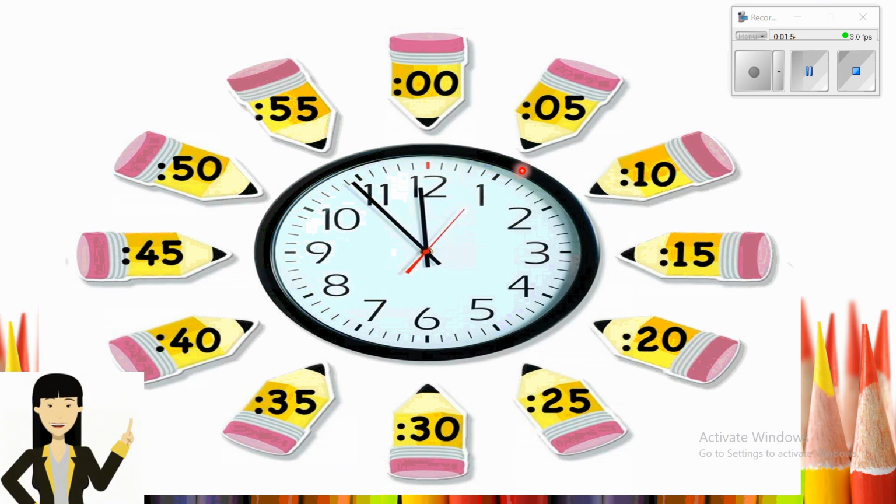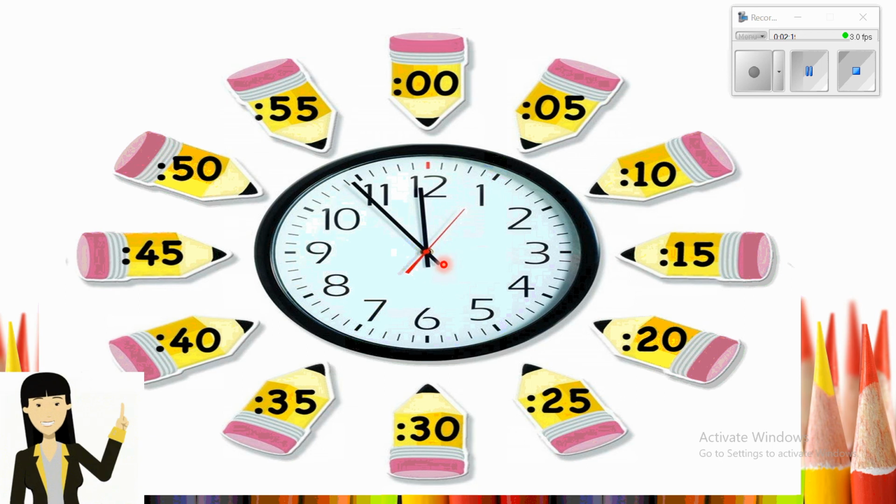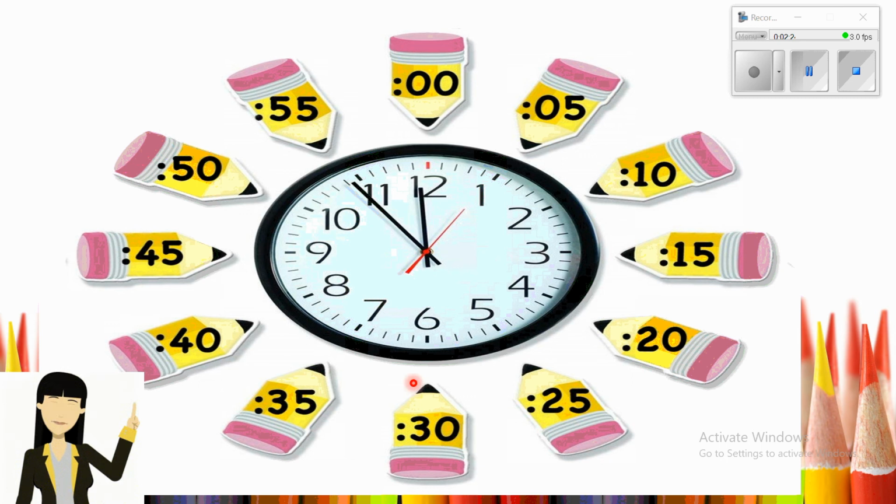Yes, here is my lovely clock. The problem all the time with the analog clock is that it has something different than the digital clock. Let's remember together: the short hand is the hour, the long hand is the minute. When the minute hand moves a full round, it means 60 minutes.